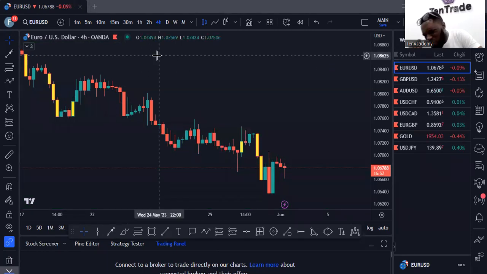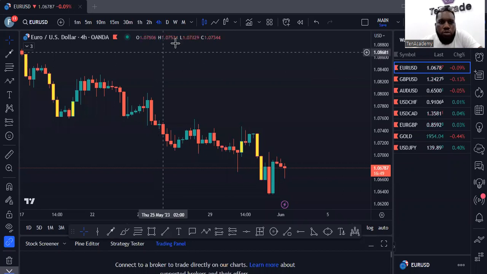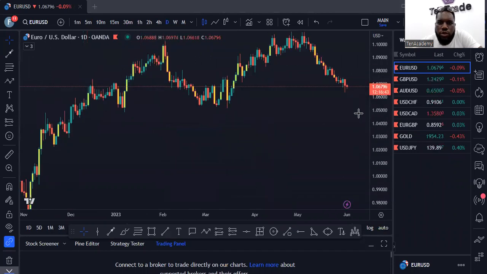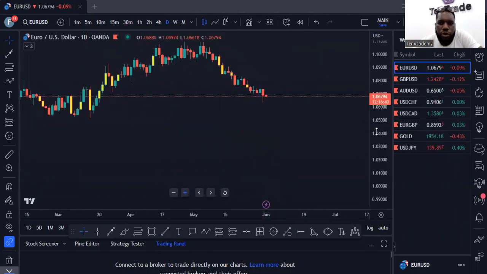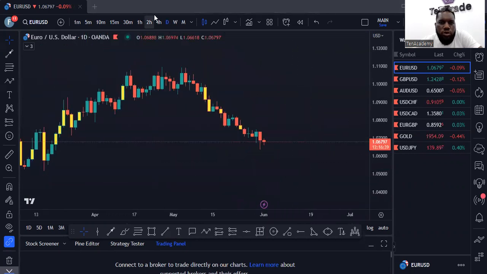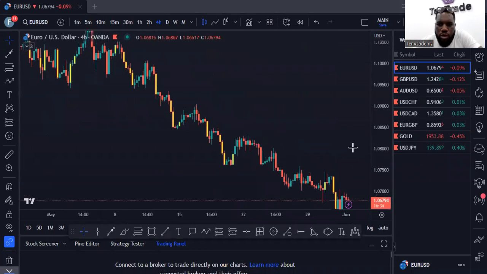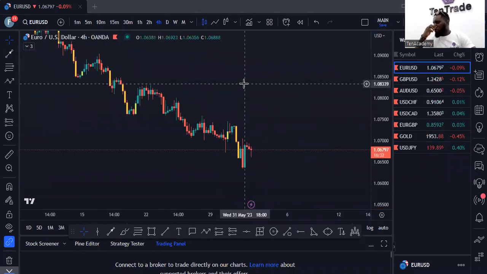So I think Euro USD and GBPUSD should have similar moves. Okay, let me just check it out on daily. All right, Euro USD on daily. What are we saying? We're saying price giving you lower lows, like so. On 4 hours, the structure can be a bit clearer. All right, so on 4 hours, we will look at price like this.